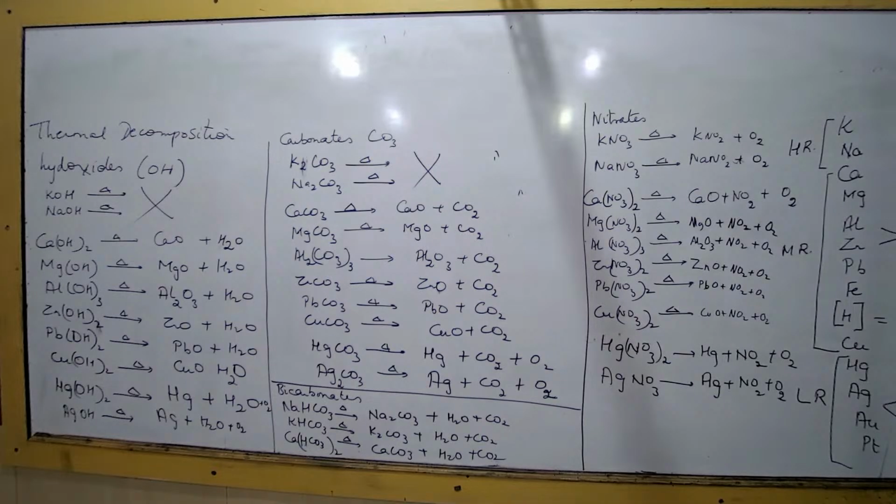Lead nitrate is a white powder. You take a little bit of the white powder in a test tube and put it inside, and very gently you heat it.